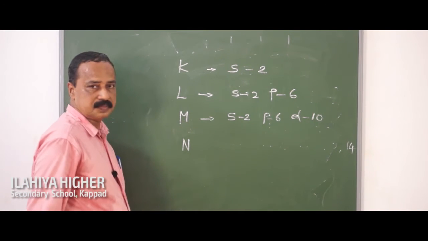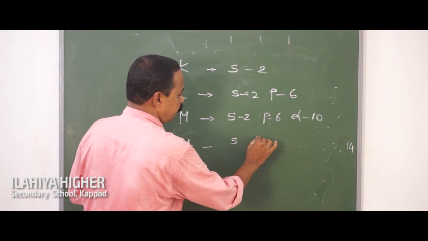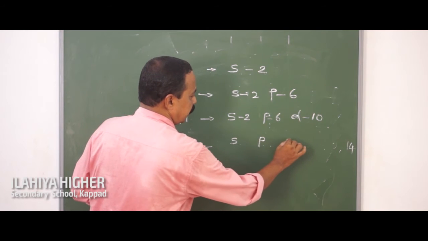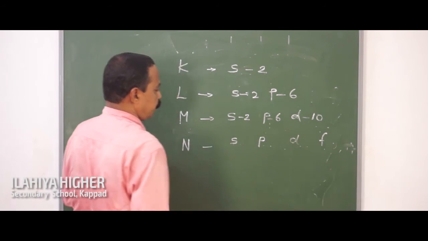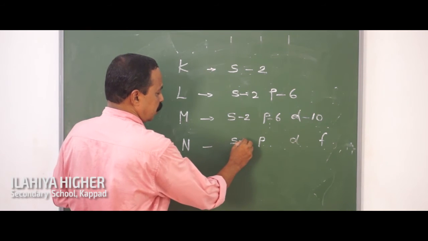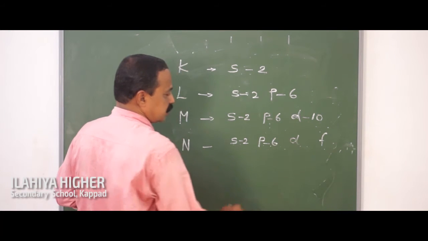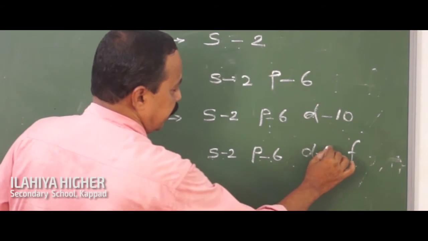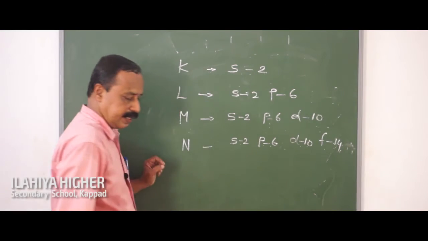N shell, 4 subshells, S, P, D, F. S 2, P 6, D 10, F 14.